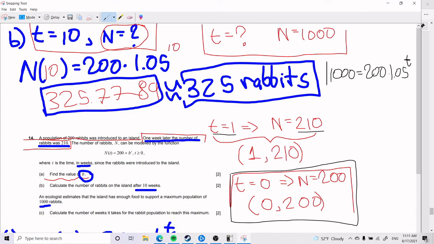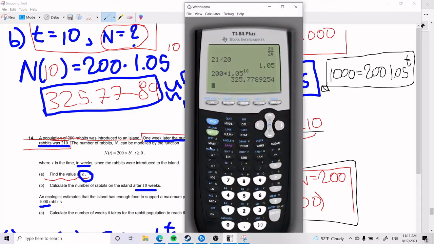So I know that this can be very uncomfortable, but I have a whole video explaining how to solve problems with variables in their exponent. I suggest that the easiest way to do this is just go on y equals, put one side of it on y1 and the other side of it on y2. I did this on the actual IB exam and I got full credit, so trust me on this.